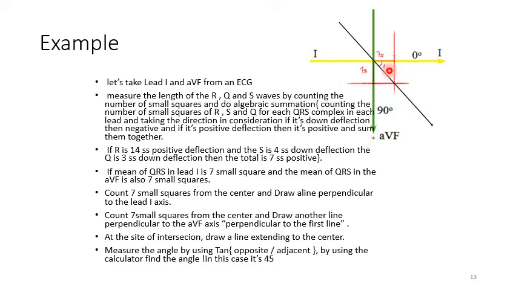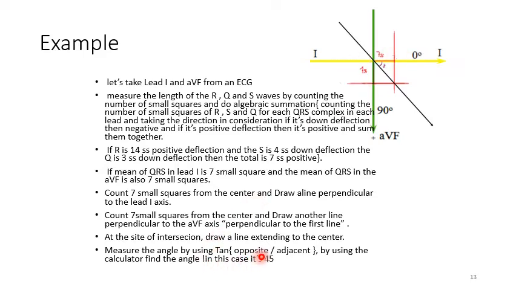Remember, below the horizontal line all angles are positive, or we can say the clockwise direction has positive angles, but if you go anti-clockwise, it's going to be negative angles.